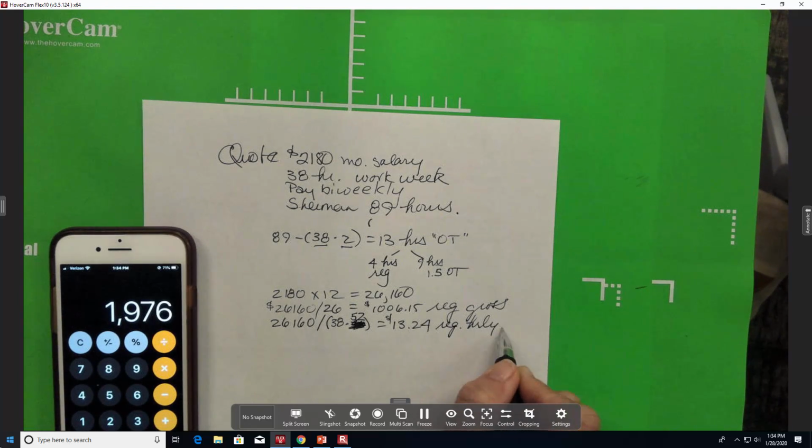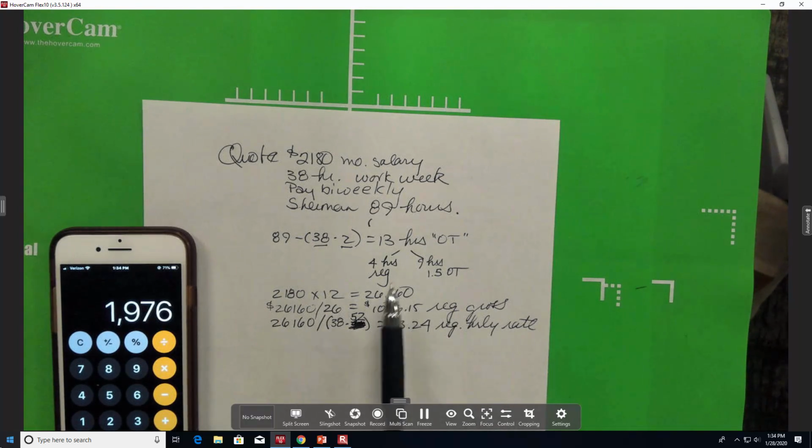How do I get her overtime rate? You do 4 hours in regular pay. She's going to get 4 hours at this 13.24, right? But I've also got to figure out that 1.5 for everything over 40.